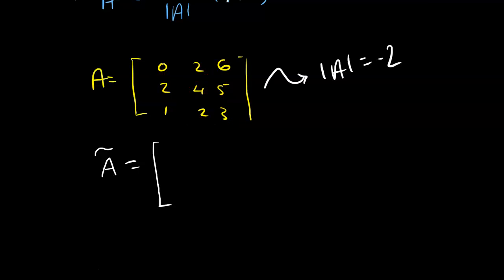So that method that's very similar, very close to finding determinants, I'm going to use that to find this new matrix. So we just did 4 times 3, which is 12, minus 2 times 5. So that gives me here a 2. So 12 minus 10 is 2. Great. As I go along, I will also keep in mind this little checkerboard pattern that we also paid attention to when finding determinants.